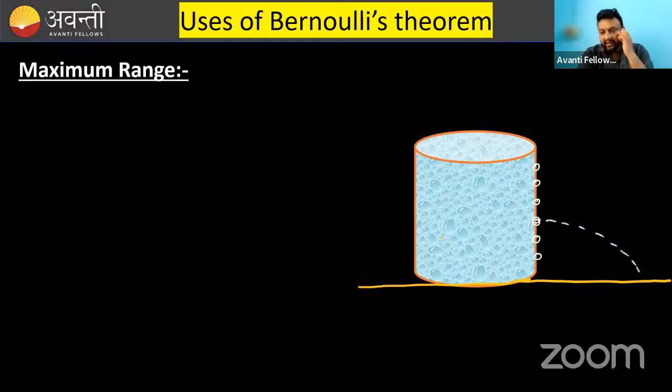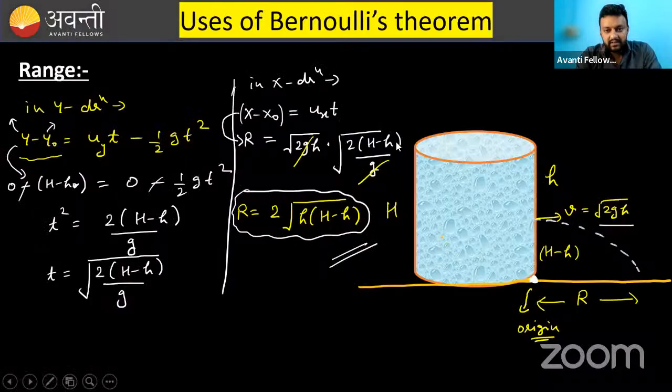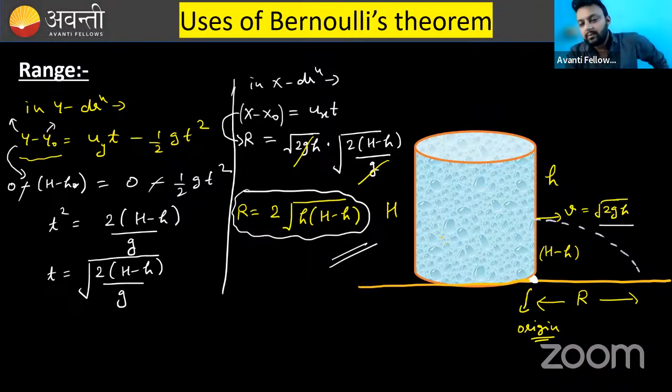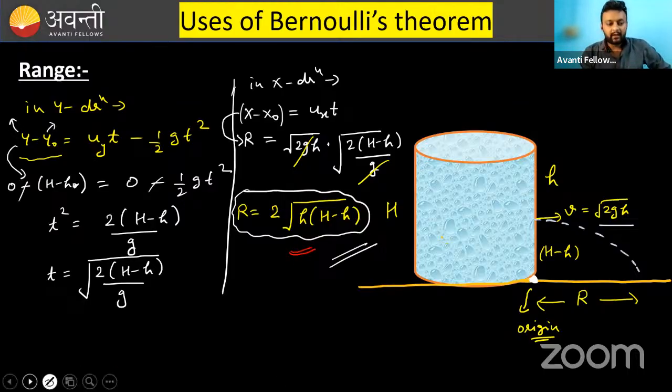If you go back to the previous slides, we discussed the range of the velocity of efflux. When an orifice is made in a tank or container filled with liquid, the liquid comes out of the orifice with a velocity root 2gh, and the range of the liquid falling on the ground is this one.